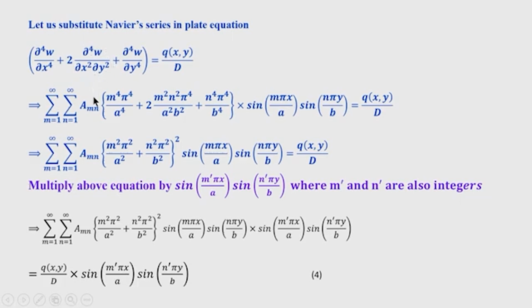It can be easily verified that when we differentiate w with respect to x 4 times, we will get m to the power 4 pi to the power 4 by a to the power 4 as a constant term coming out as a process of differentiation. But the function, that is sin m pi x by a and sin n pi y by b, will remain unchanged, because it is an even number of derivatives.